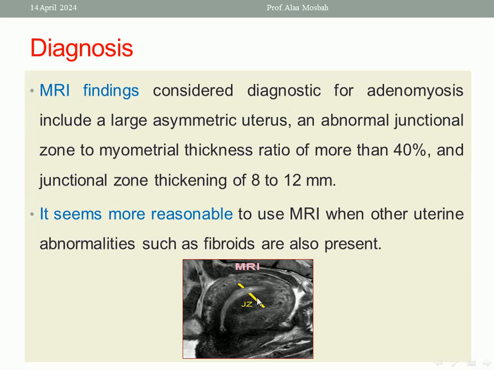Also, the abnormal junctional zone to myometrial thickness ratio is more than 40%. This thickness is more than 40% in relation to the ratio of myometrial thickness.